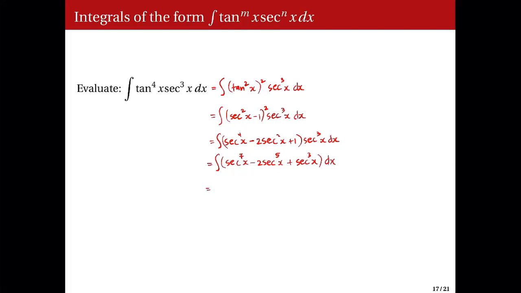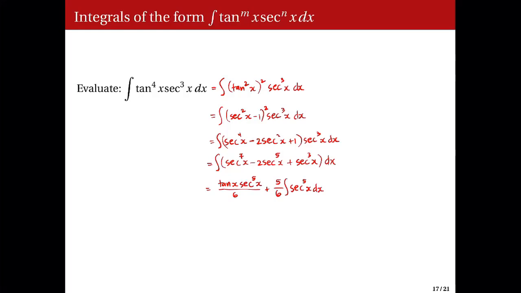For secant to the 7, we will have tangent x secant to the 5 x over 6, plus 5 over 6 integral of secant to the 5 x dx.